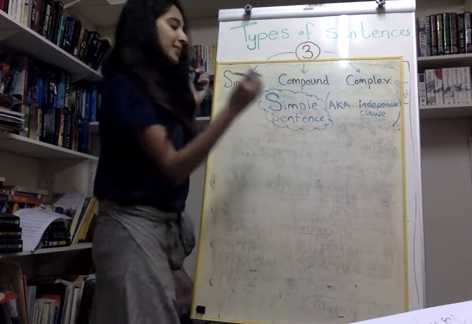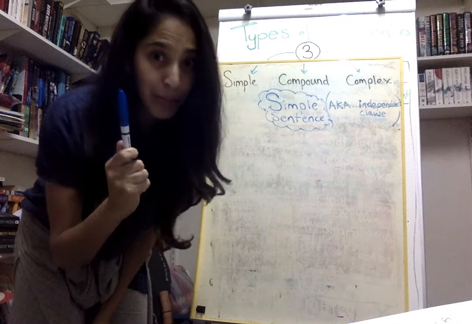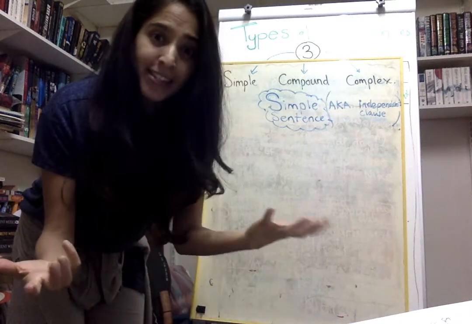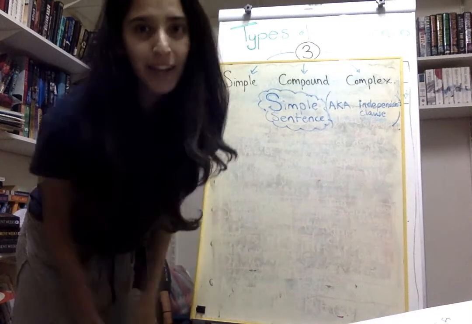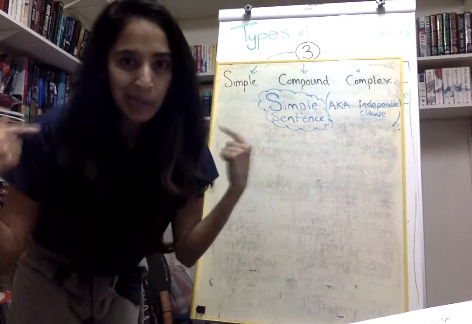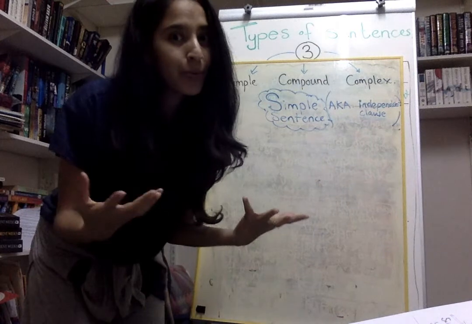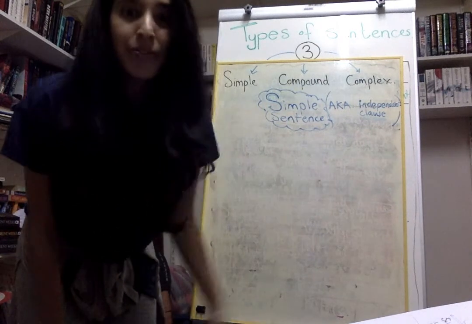Now remember, a simple sentence is just that. It has your subject, which is who or what does the thing in the sentence, and then it has your predicate, that's the verb or the rest of the sentence. If I say Nabila jumps, Nabila is the subject, the person who does the action, and jumps is the predicate or the verb.